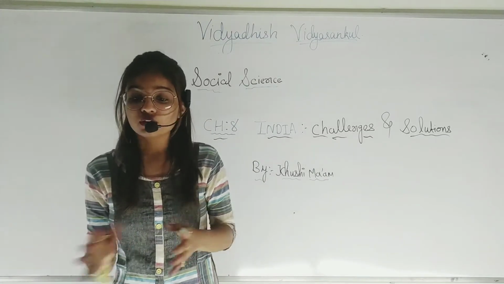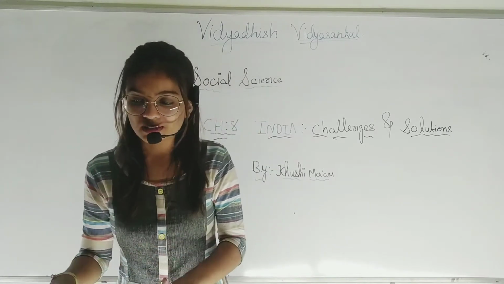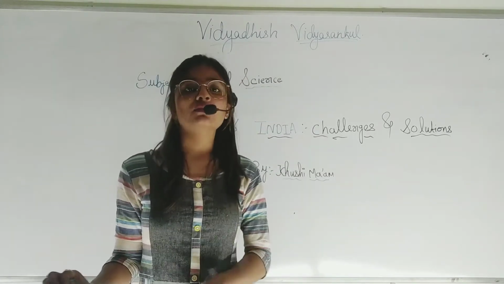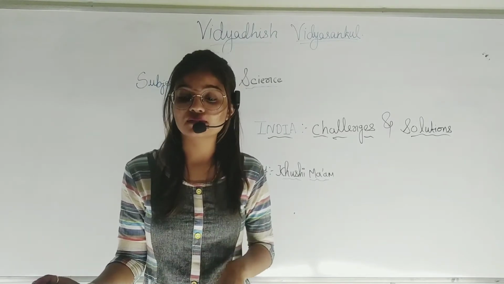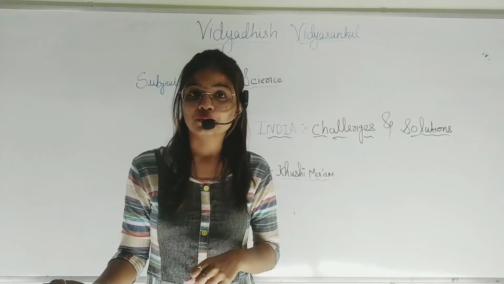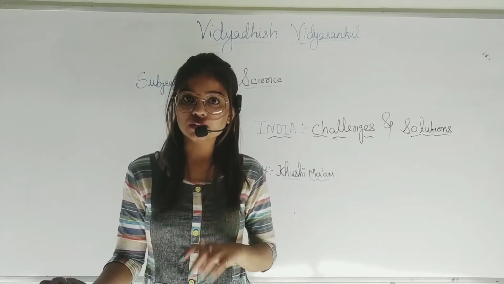Before I start, I want to give the summary of this chapter, whatever we did in our previous lecture. Students, in our previous lecture we saw the classifications of the challenges faced by India. There are 4 classifications of the challenges.